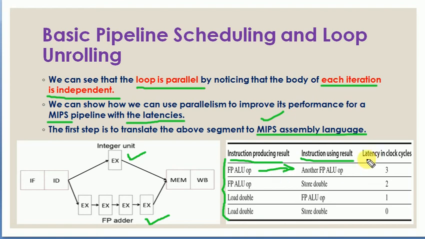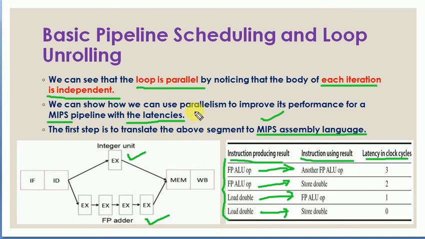And in the third column we are mentioning the latency that may happen between the result production and the usage of the result by the second instruction. So we have selected some of the major instructions that are required for the execution of the above given iteration. There will be some latency between the different sets of instructions, according to the order of instructions given for the execution.